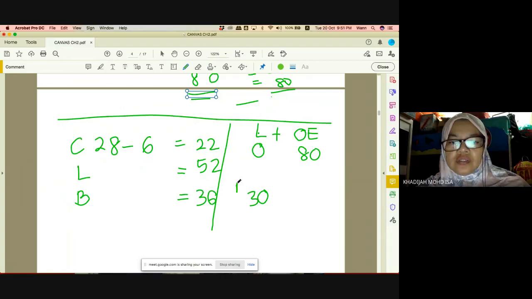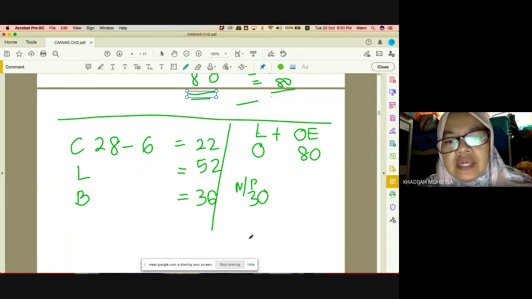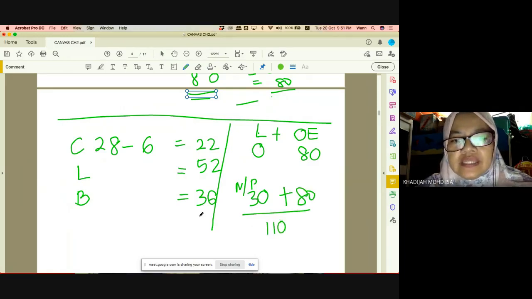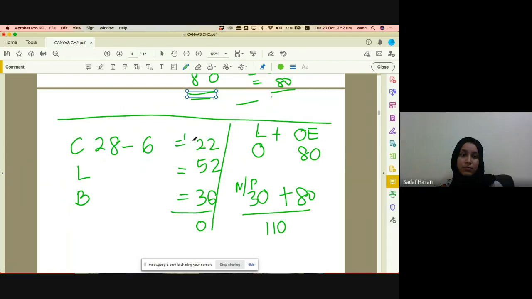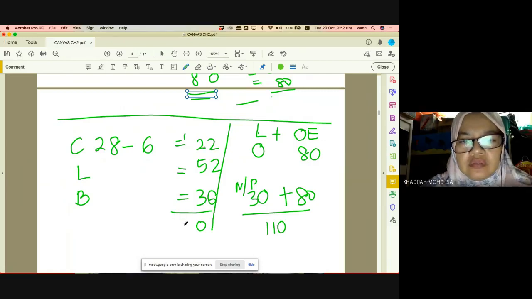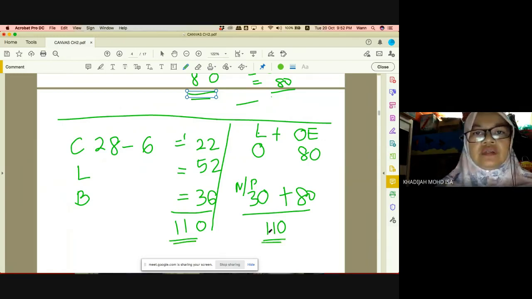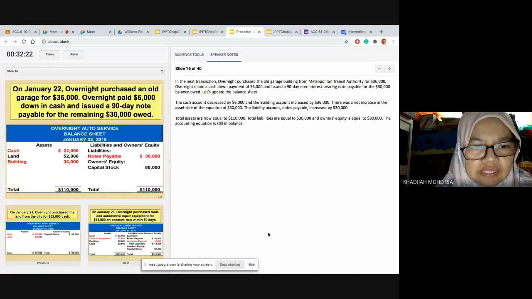This one is your note payable. Initially zero liability, but now you have a note payable of 30,000, plus owner's equity of 80. So the total is 110. This side how much? 110. Same, 110. Right?